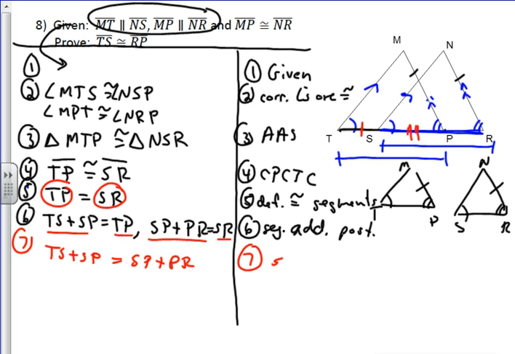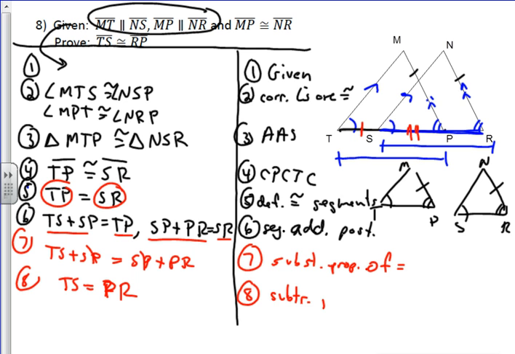And that's just by substitution. And then, because these both have SPs, we can cancel those SPs out by subtracting them away to get TS equals PR, and that is by the subtraction property of equality.